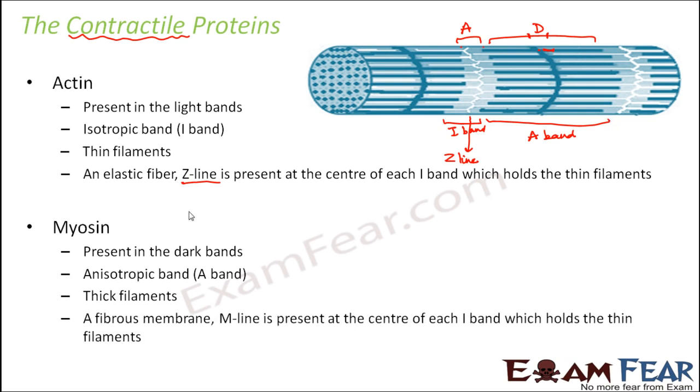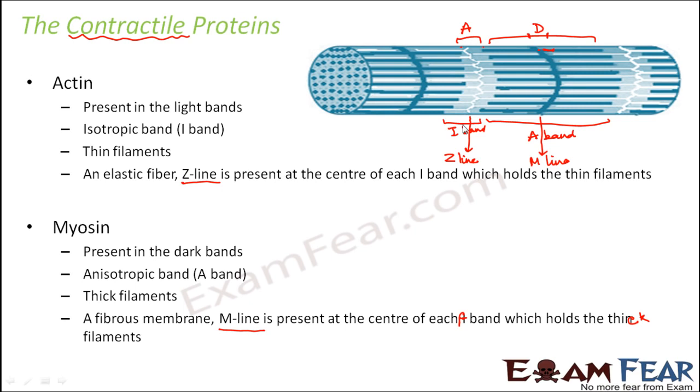In a very similar way, there is a fibrous membrane called the M line, which is present at the center of each A band, which holds the thick filaments. The structure you see here is the M line. I'm sorry, here by mistake the A band is written as I band and thick filament is written as thin filaments. So this is the M line. You got the structure of the myofibril.